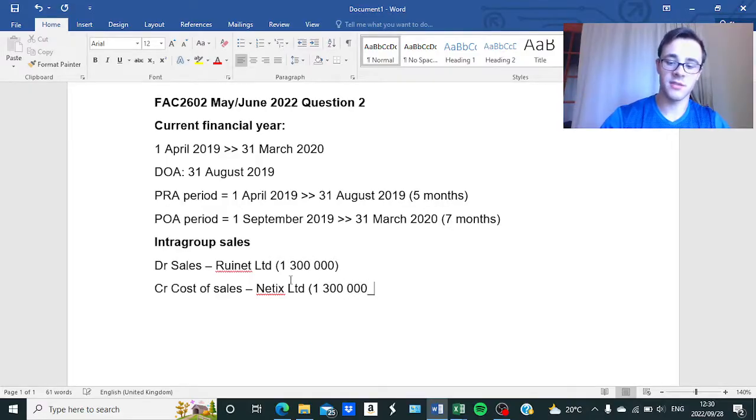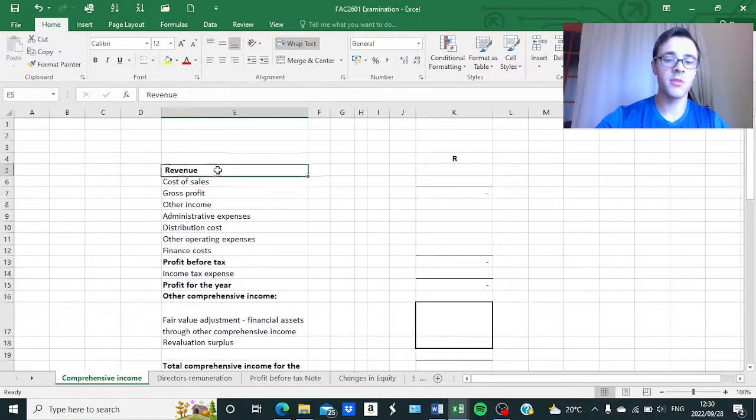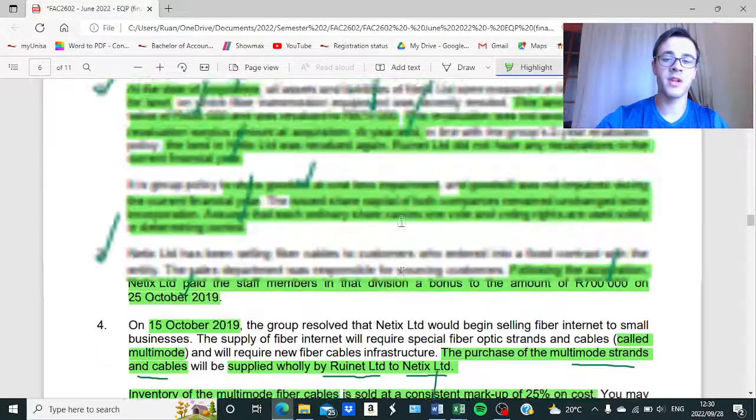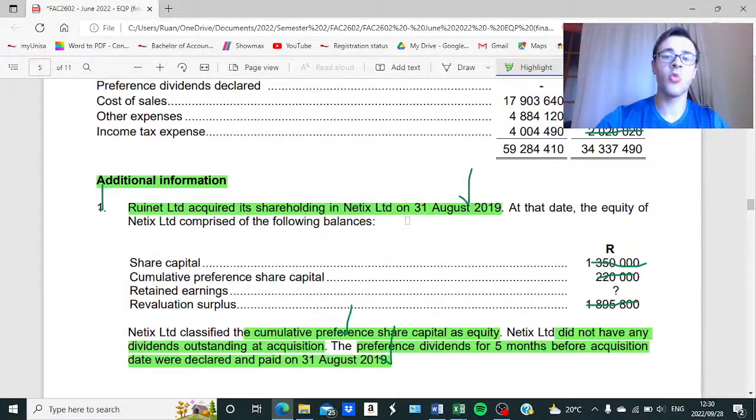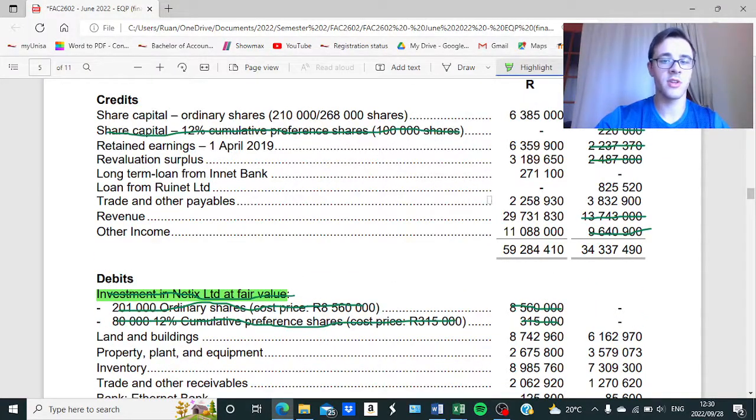So in your consolidated statement of profit or loss and other comprehensive income, your revenue amount, we will start with the amount for the parent. As I've said in lesson 1, we include 100% of the income and expense items for the parent, because the parent is the one controlling the subsidiary. Okay, so all of the parent items must form part of the group.